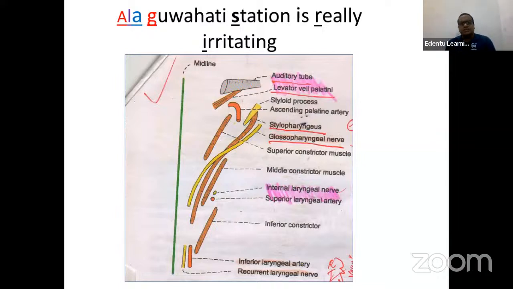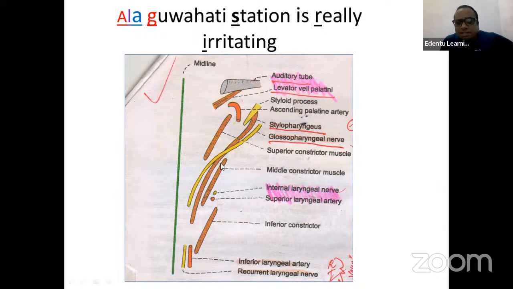Then the structures between the superior constrictor muscle of the pharynx and the middle constrictor: Guwahati station. These two words I told you, right? So GS. G for glossopharyngeal nerve, S for stylopharyngeus muscle. Very easy.